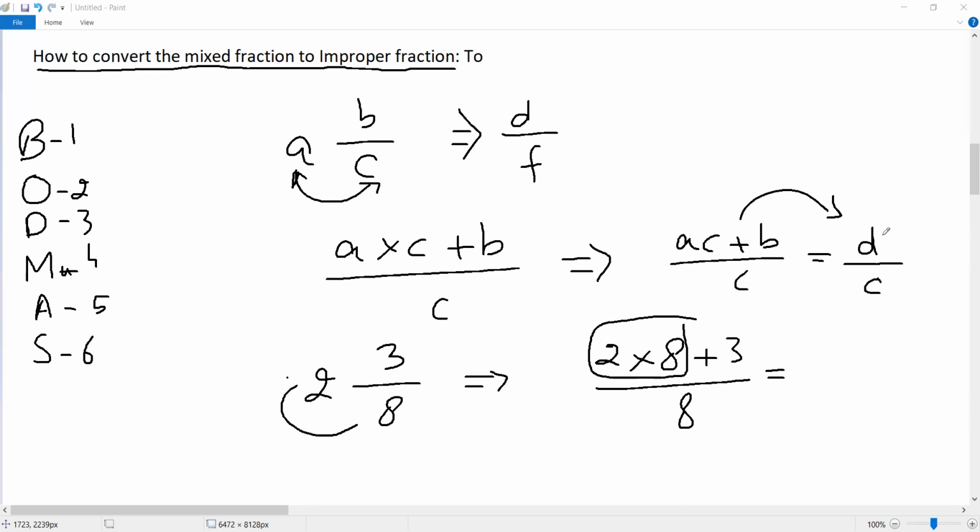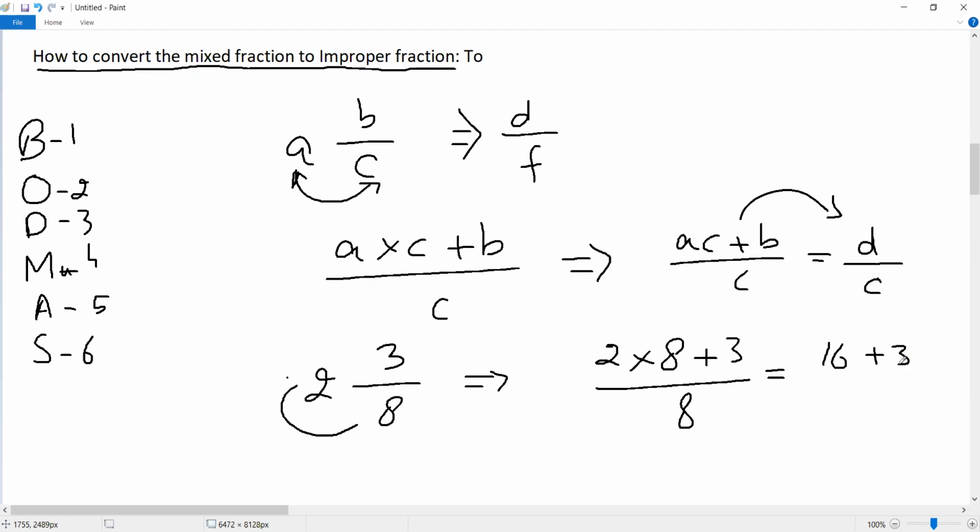2 into 8. When you multiply 2 with 8, what will you get? You will get 16. First you multiply, then you add. Remember this. This is the order of solving questions like these. First you solve brackets, then powers, then division, then multiplication.